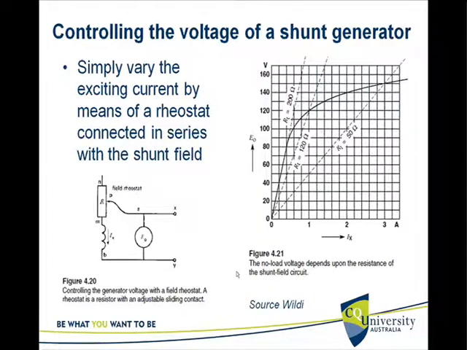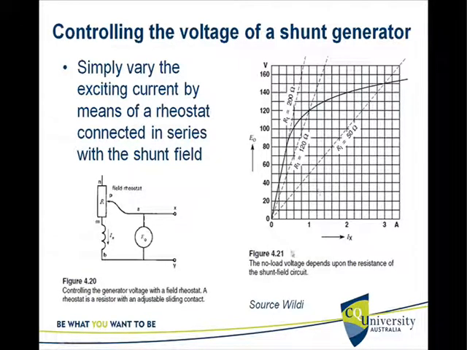Now in the case of a shunt generator, the easy way of controlling the voltage is to have a variable resistor or a rheostat connected in series with the field winding, and changing this will change the field current. Simply vary the exciting current by means of a rheostat connected in series with the shunt field, and depending on the shunt field resistance, you could have different operating points.